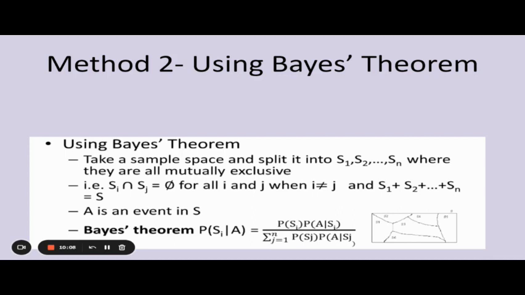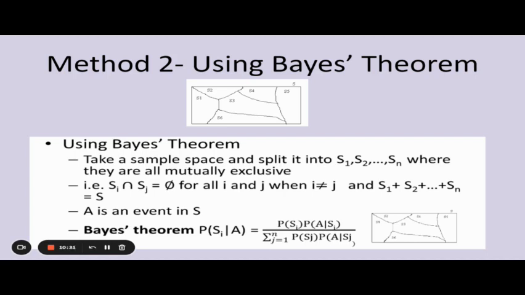But the way that Bayes' theorem works is you have a sample space, and it's split up into these regions. If you look in this picture, S is for sample space, and I split it into S1 through S6. So 6 different regions, and we call them mutually exclusive. All that means is that there's no overlap.